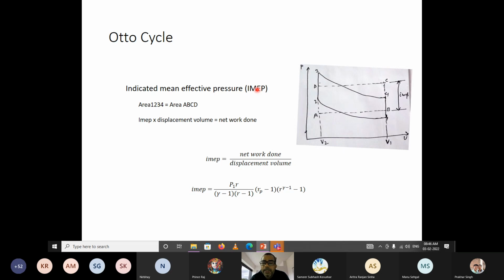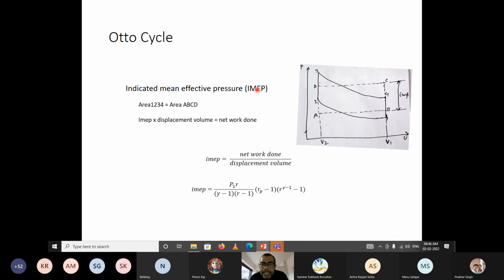Indicated mean effective pressure is one such parameter that is independent of the displacement volume of the engine, and it can be used to compare the performance of different engines.